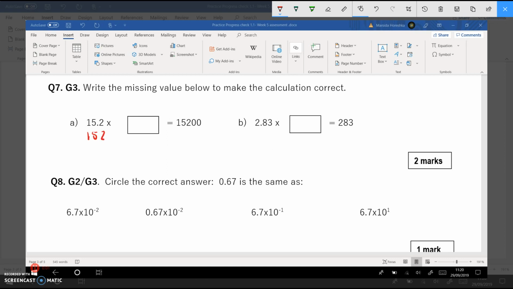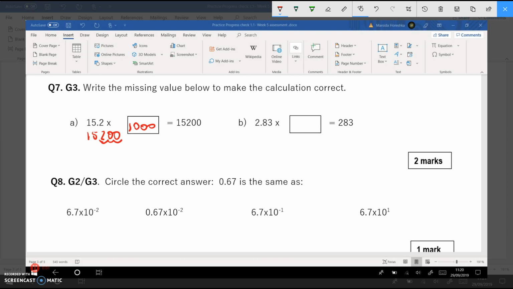I'll write the answer underneath. So from this place here, the decimal point has gone to the right 1, 2, 3 places. So 1, 2, 3 zeros. So 15.2 is multiplied by 1,000 to give us 15,200.